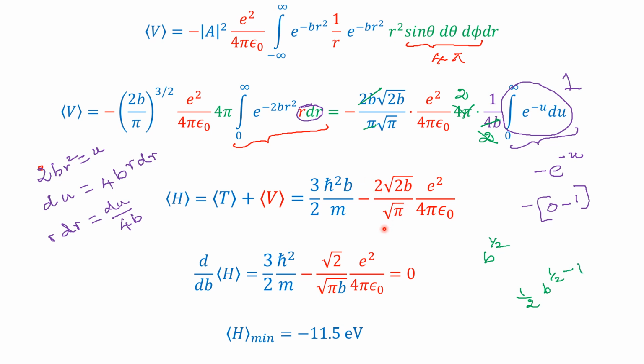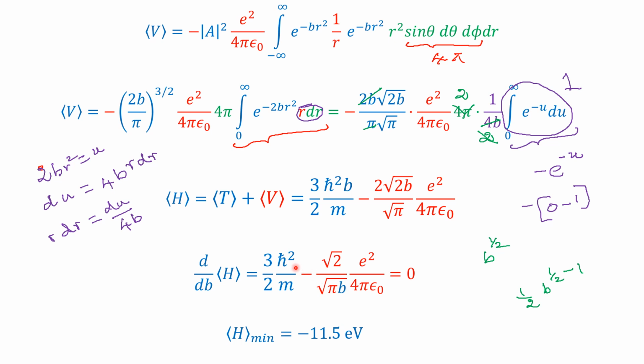So I have brought this p to the denominator, from numerator to denominator, and because it is half, this 2 will get cancelled with this half. So finally I will get square root of 2 divided by square root of pi times p, and this term e squared over 4 pi epsilon naught, which must be equal to 0.